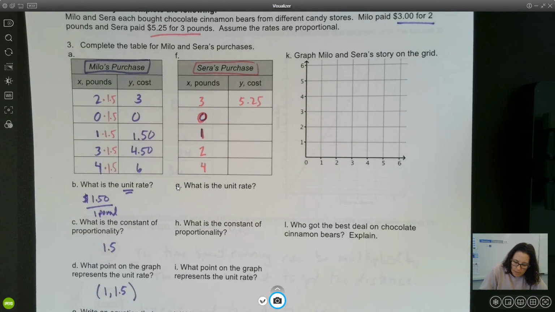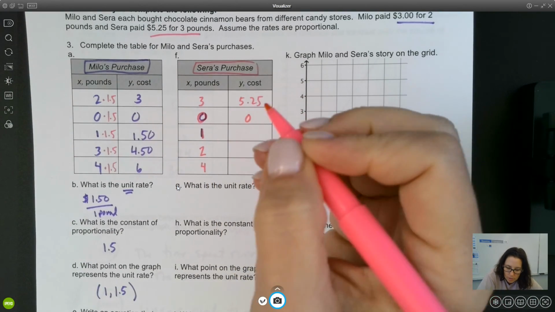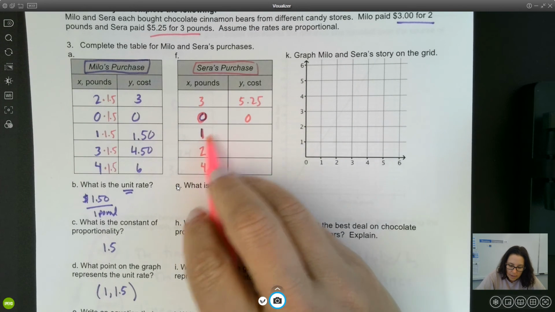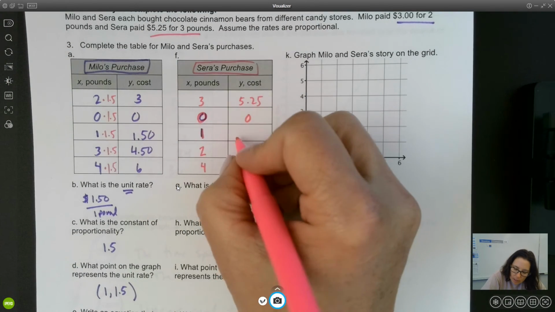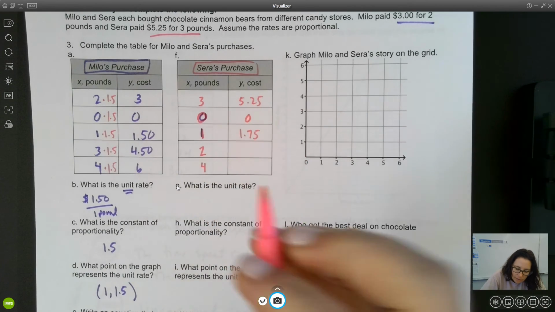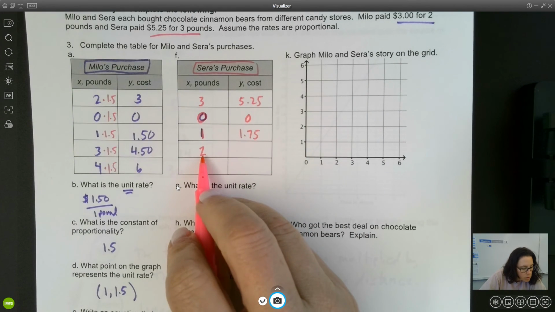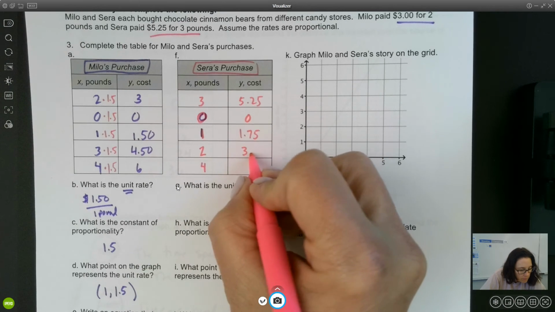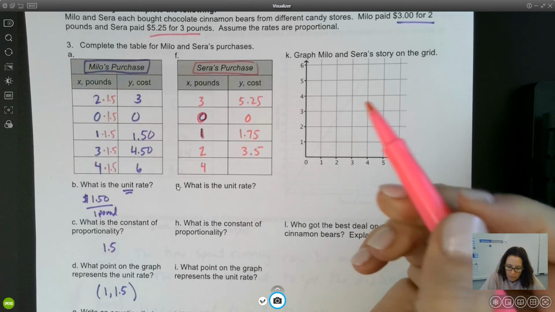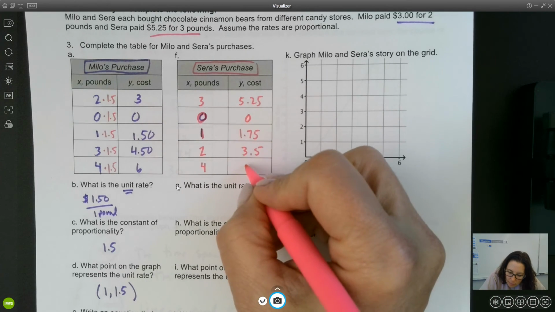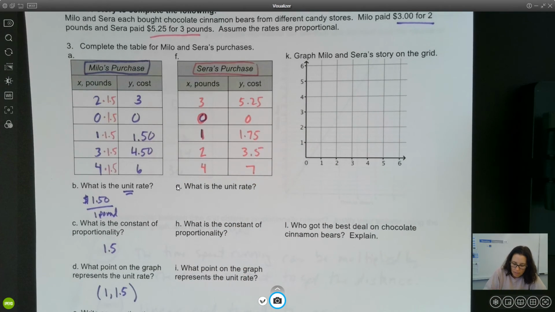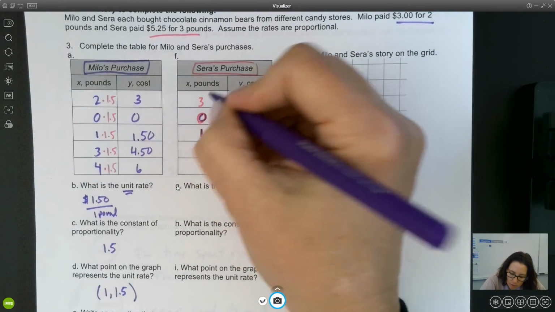Okay, 0 pounds would be $0. 1 pound, if 3 pounds are $5.25, is going to be $1.75. 2 pounds is going to be $3.50. And then 4 pounds is $7. Okay, and the number that we multiplied by on each of these is 1.75.